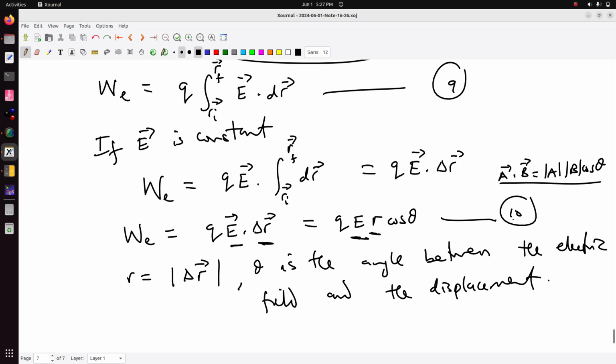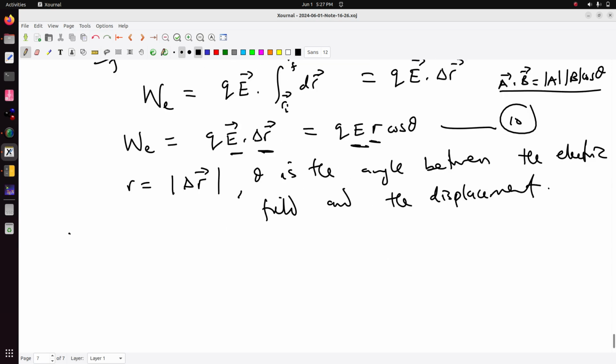All right, so of course the unit of work done is joule, so I think that is simple. So let's take an example.